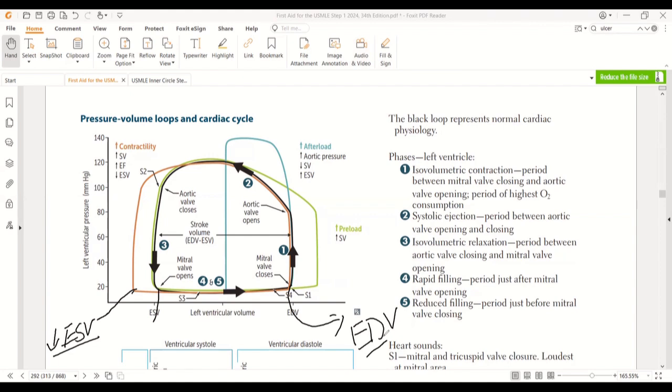So end diastolic volume remains the same and end systolic volume is decreased. What happened to the stroke volume? Increased, right? And as stroke volume is increased, the ejection fraction is also increased. So this orange color loop represents the increased contractility.